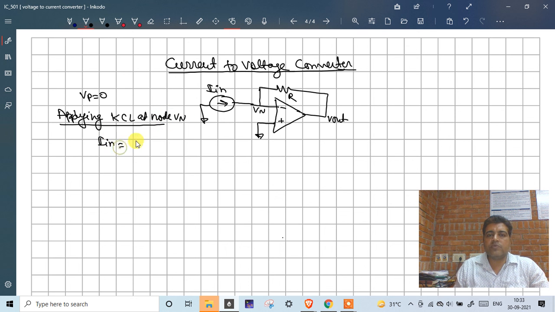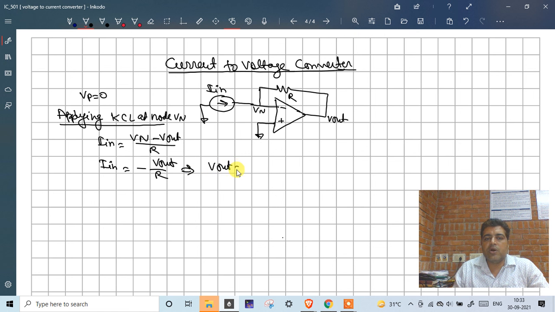In equal to Vn minus V0 upon R. My Vp equal to 0, so my Vn equal to 0. So In equal to minus V out by R, which corresponds to V out equal to minus R into In.